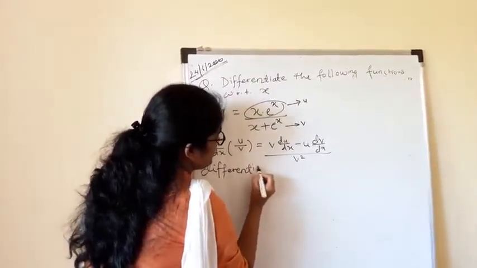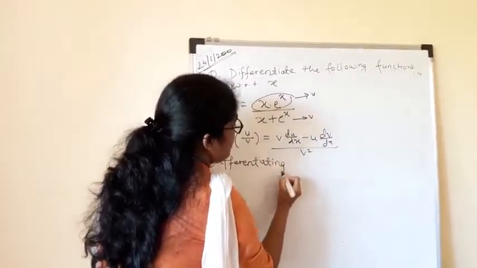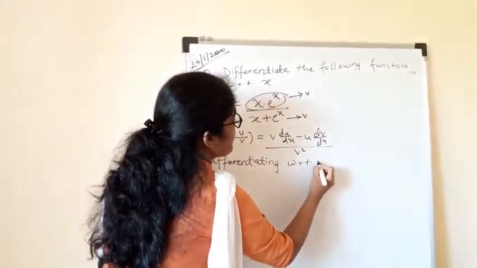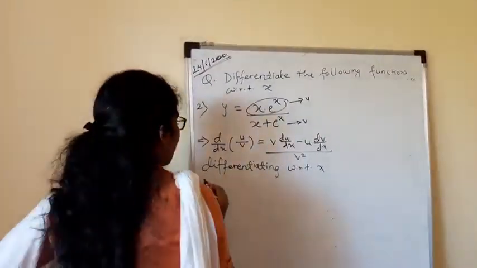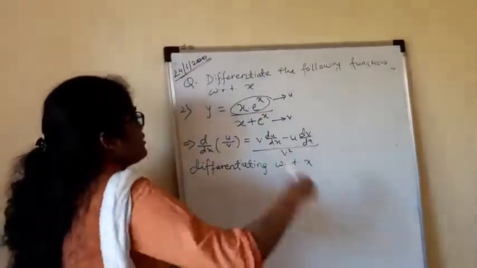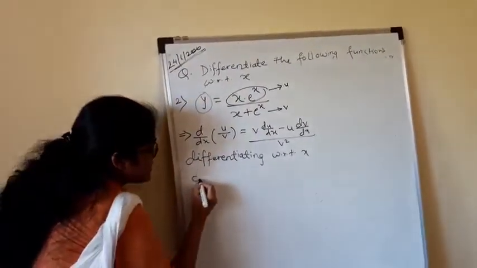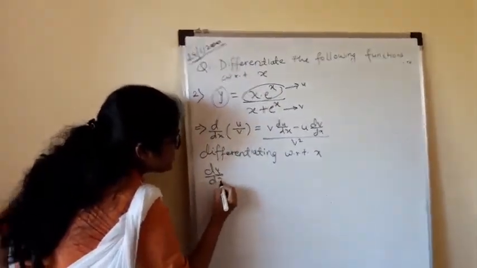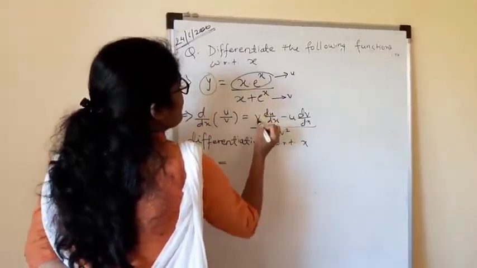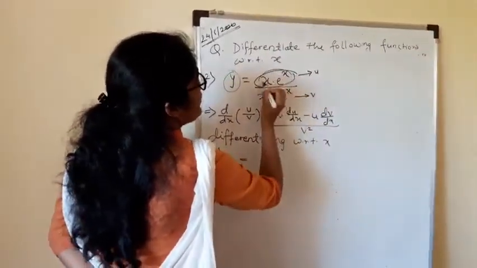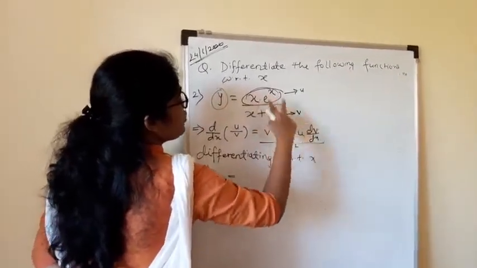Differentiating with respect to x, the derivative of y, dy by dx, is equal to... Now here students, you can see that this is u and this is v.